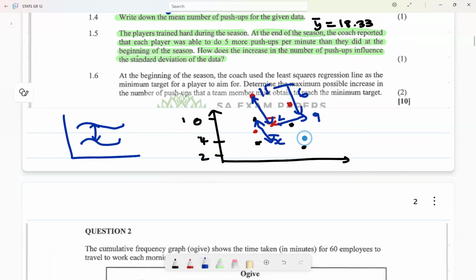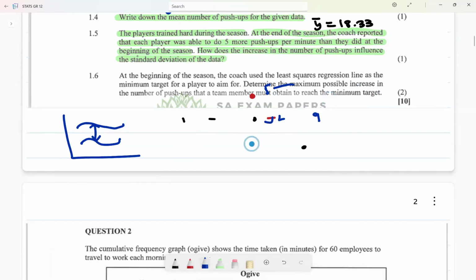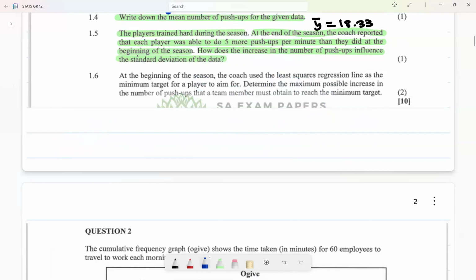It is also 6. So our standard deviation, which refers to the scattering of our graph, is not affected.